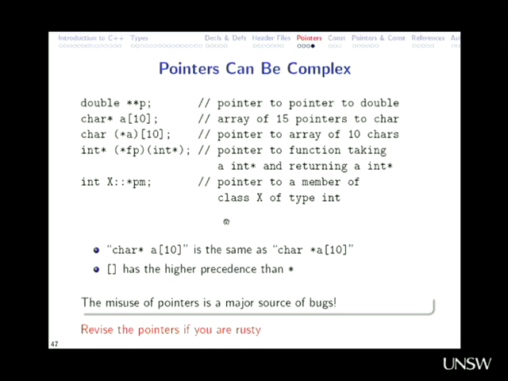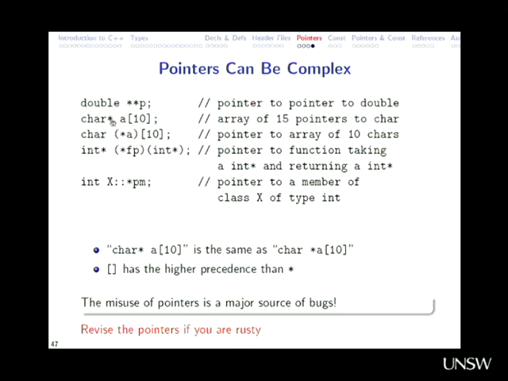But pointers can be complex. Again, annoying things to deal with, but you can have pointers to pointers. So a pointer to a pointer of double. You can have an array of pointers to characters.